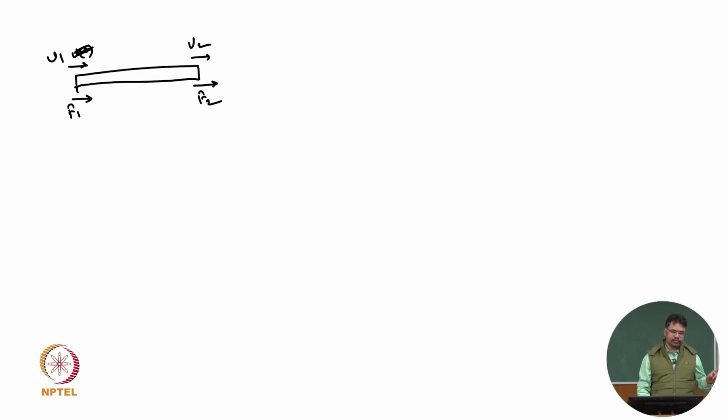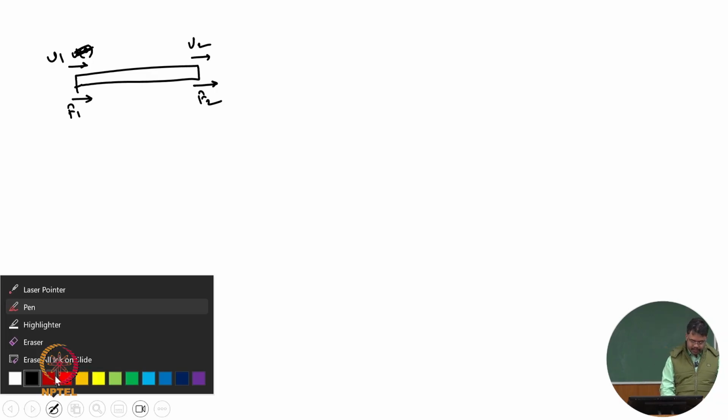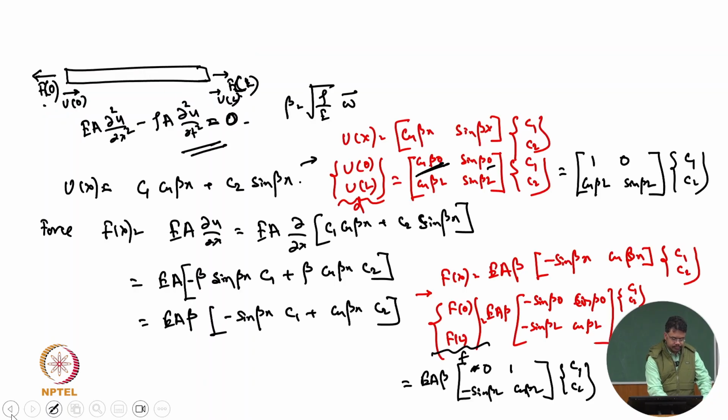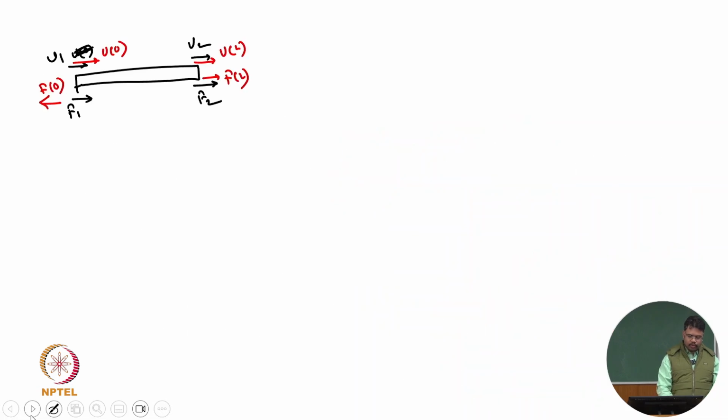But currently my u0 is in this direction, my ul is in this direction, but this force is in this direction and this force is in this direction. Just have a look. All the things are okay except this one. So what do we need to do?